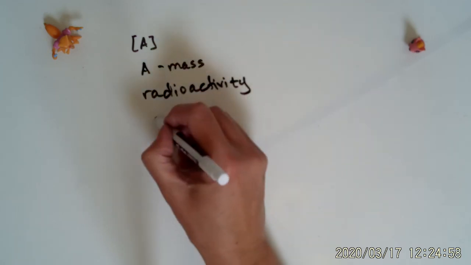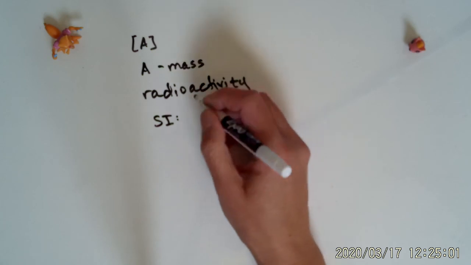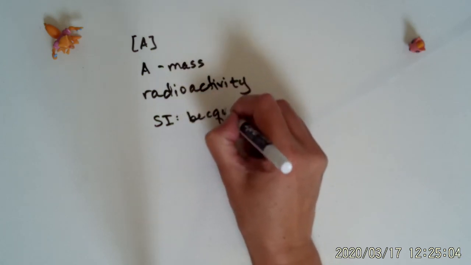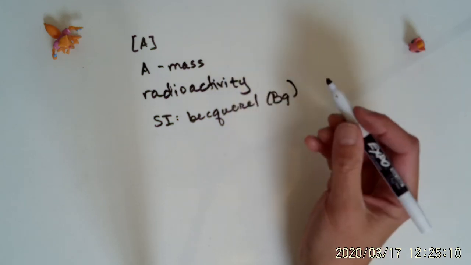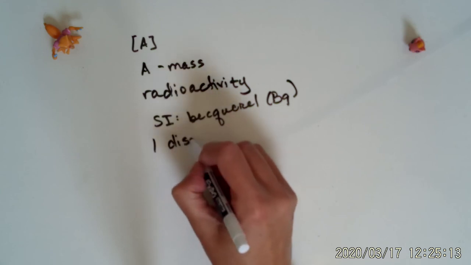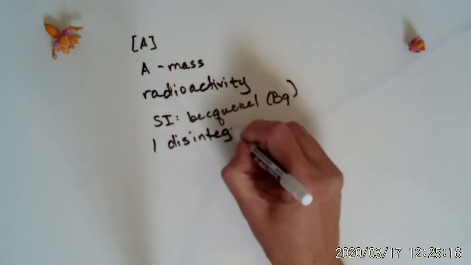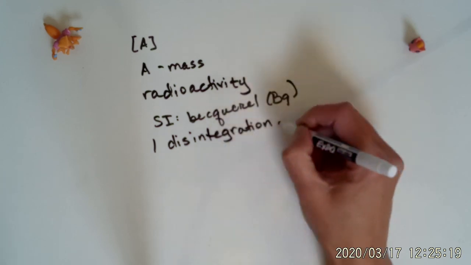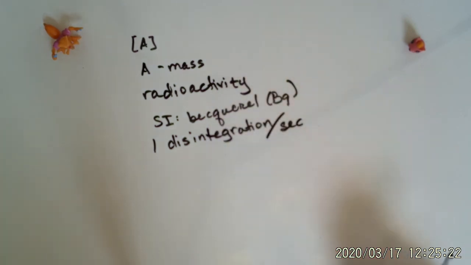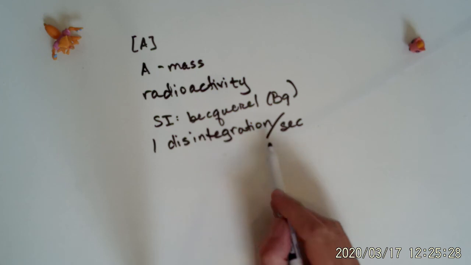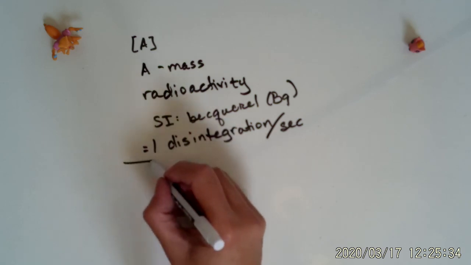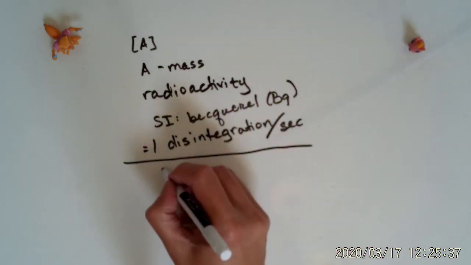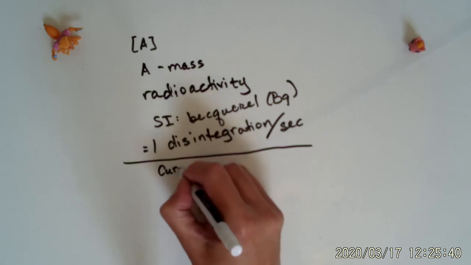The SI unit for radioactivity is the becquerel, which is 1 disintegration per second. When we were doing the carbon-14 radiometric dating of a wood object, we spelled this out; it was the number of becquerels that you see. There's another unit called a curie, after Madame Curie.